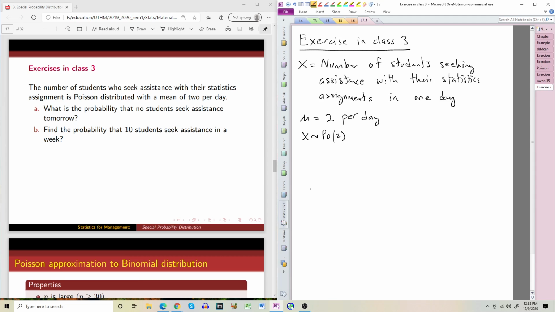What is the probability that no student seeks assistance tomorrow? Tomorrow is 1 day. The answer is 0.1353.